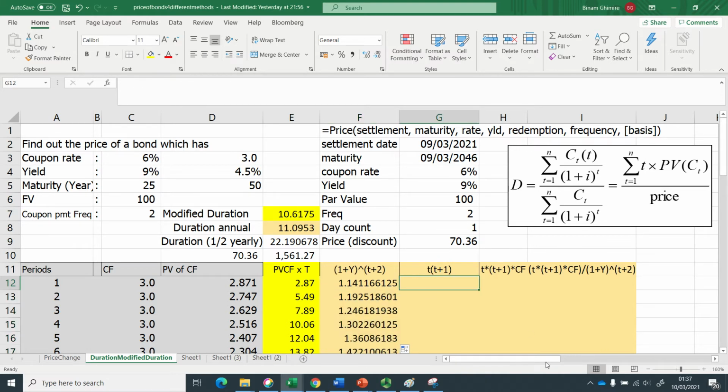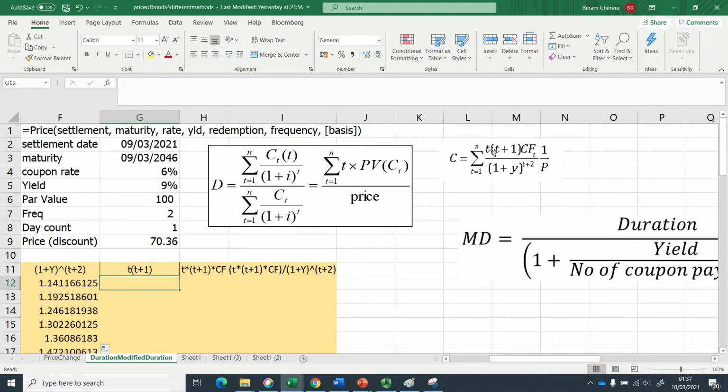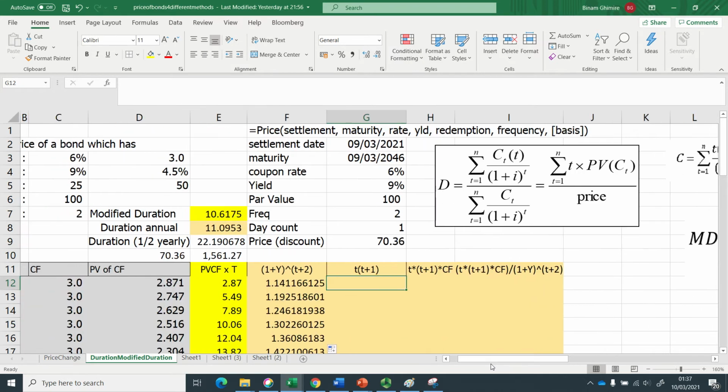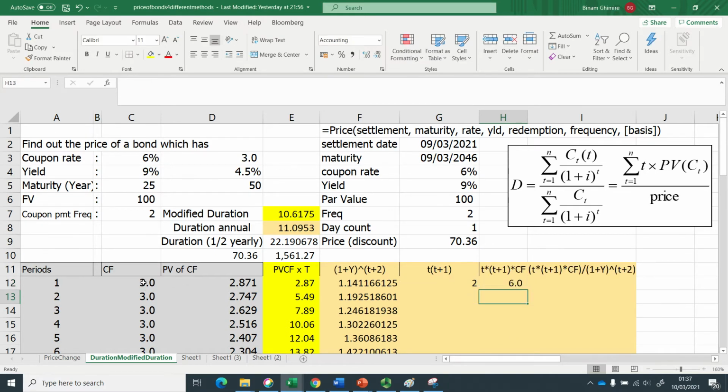Next thing you need as required by this formula, you can see here t plus 1, t plus 1, and cash flow is multiplying it. That's something I need. So hence I now have t, which is this time period, multiplied by t plus 1. The second thing I need to do is to multiply this by the cash flows, which is here, and that's what I have done. So I've computed this part as well.